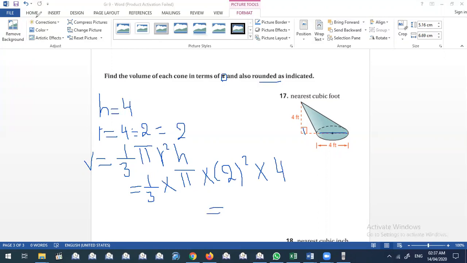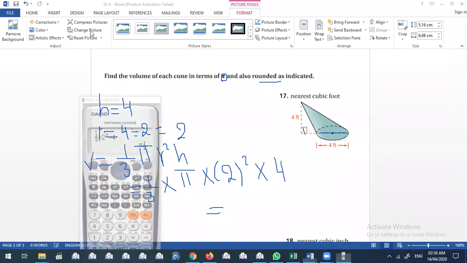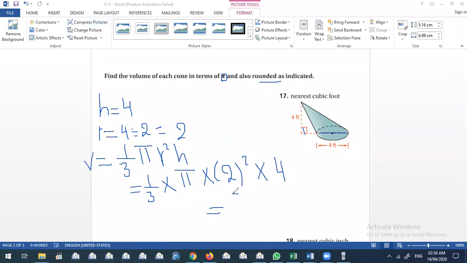Find this answer by using the calculator. A third times pi times 2 power 2 times 4. Shift, ST, and a fraction, and beside it pi. Don't forget pi.